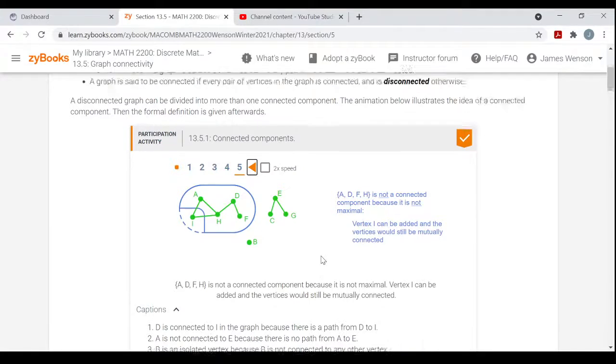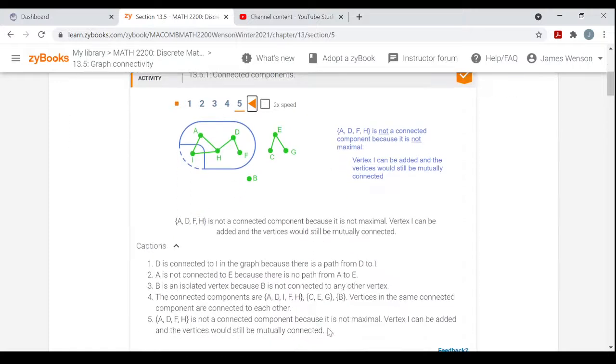I think they mention it down here because if you add vertex I, it makes the piece even bigger. So pieces of a connected component aren't themselves connected components.